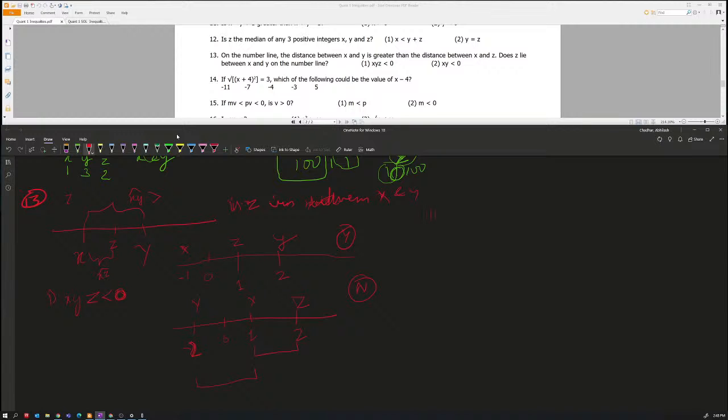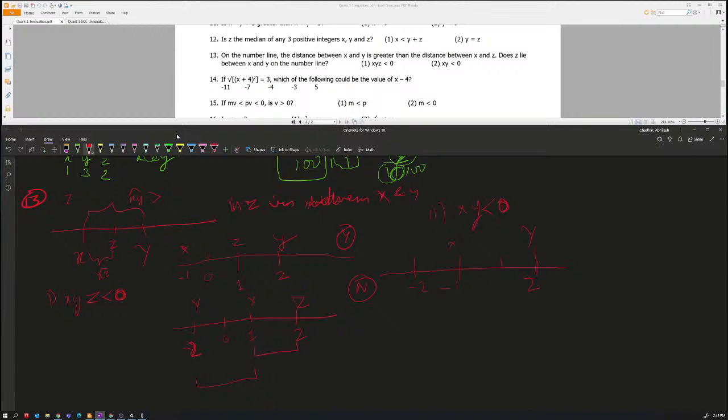Let's take condition number 2. Condition number 2 says x and y have different signs. So let's say x is minus 1, y is 2, and z is somewhere here, minus 2.